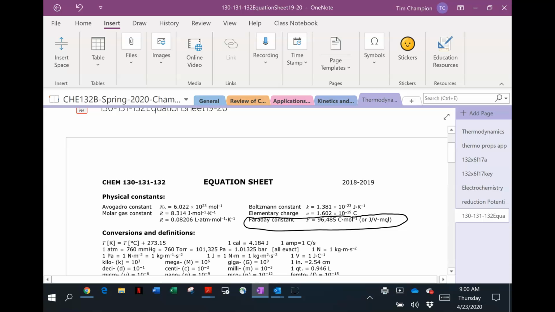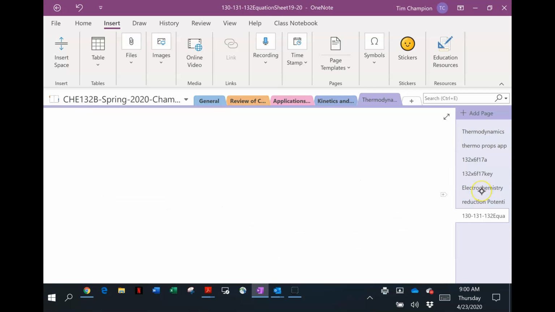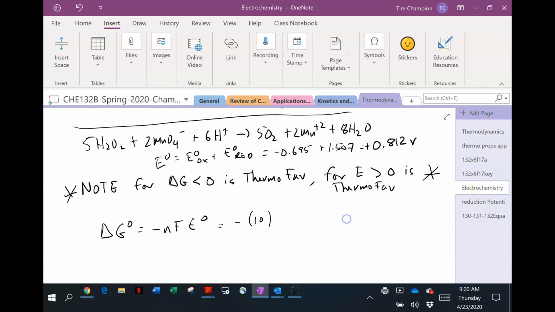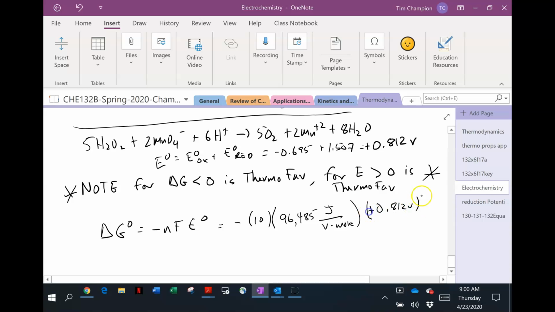So if we go back and put that in, 96,485, the joules per volt mole, I think, is the best unit for this, because our potential is 0.812 volts, that we just calculated above.